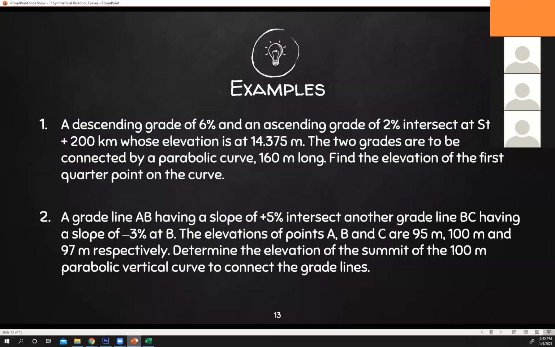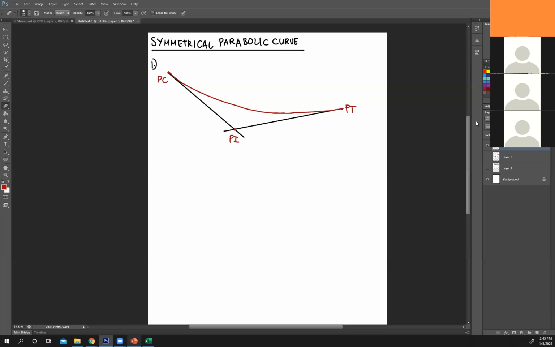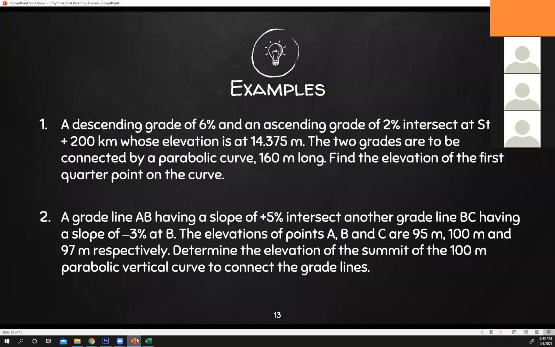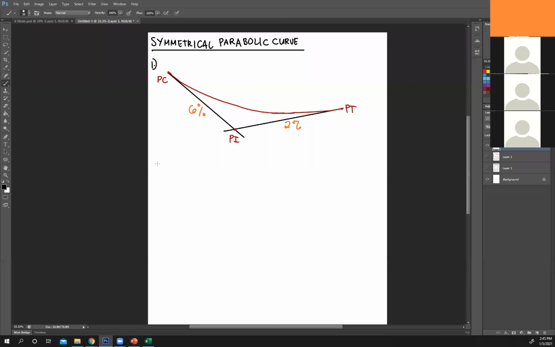Next. So 6% and 2%. Let's write that out. 6%. 2%. What else? So station of PI is given, an elevation of PI. So 12, 200, 14, 375. So you can just write that out.